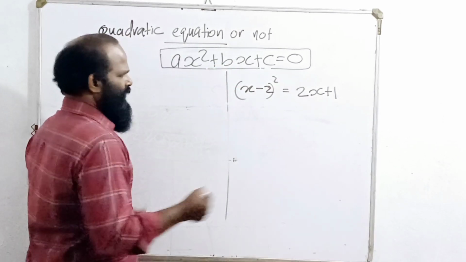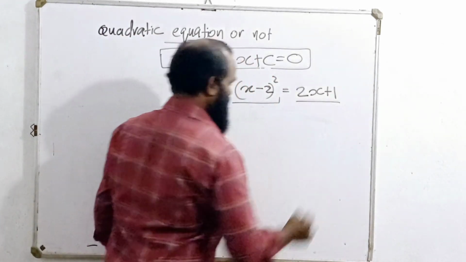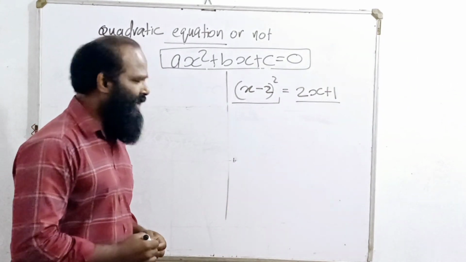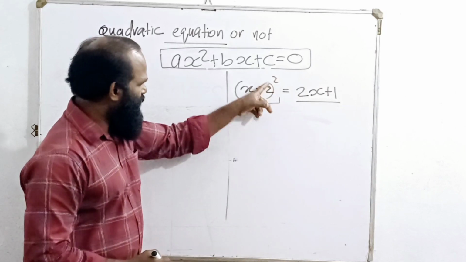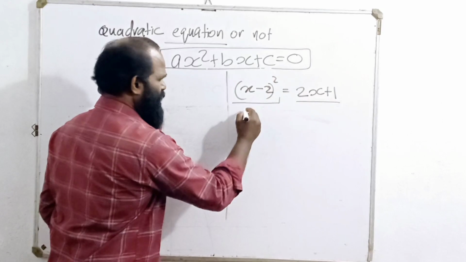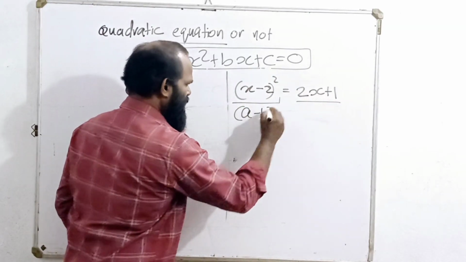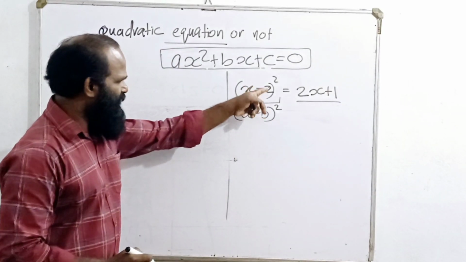Look, this is the left hand side of the given expression. This is the right hand side of the given expression. On the left hand side we have x minus 2 the whole square. It tells us square of x minus 2. Yes, definitely x minus 2 the whole square looks like a minus b the whole square.